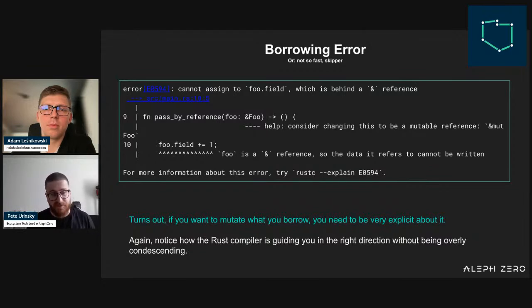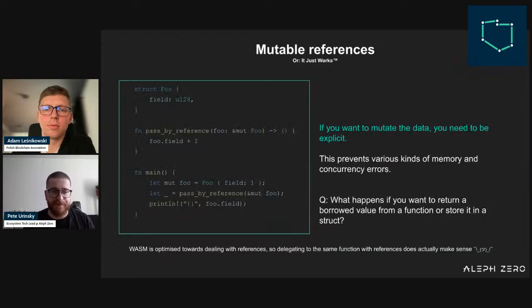I mean, in a larger code base, I think it's quite easy to change something on accident, right? You just forget about it, increment some counter or something like that. So Rust is quite conservative with mutating the state here. And of course, well, there is a way to fix it. We just need to explicitly tell Rust that it's a mutable reference when we declare the function. But then when we are passing it, we need to tell Rust, okay, we are borrowing here, but in a mutable way.